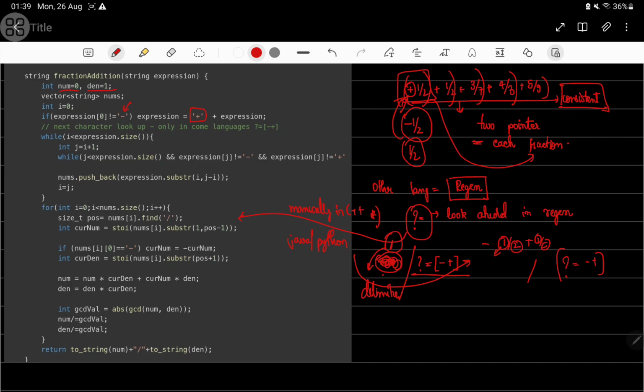If the next element was minus, we can just take that part of the thing and break it. So we need to break it at plus or minus. So these are all the delimiters that we need. First breaking would be based on this plus or minus, then the second breaking would be based on this. The same thing we are doing here also.